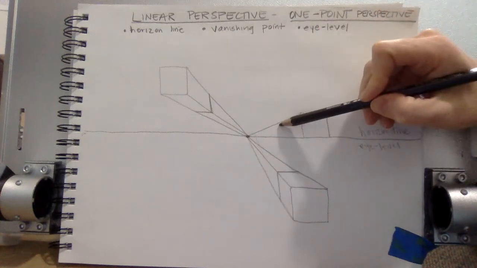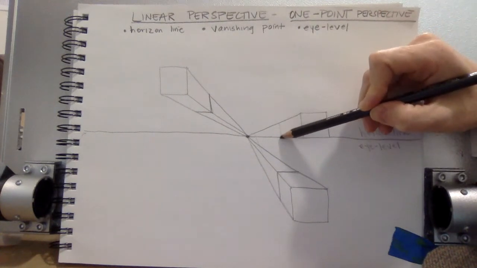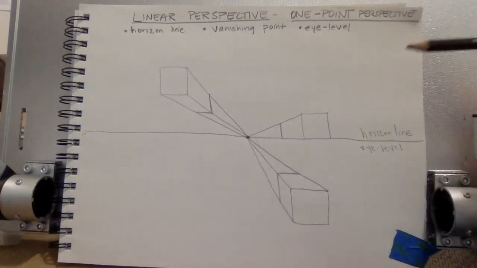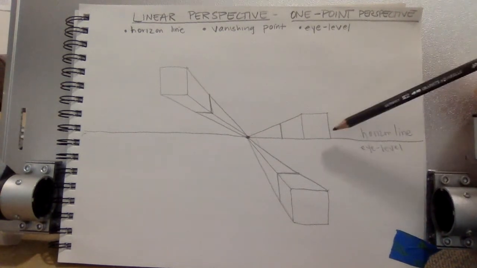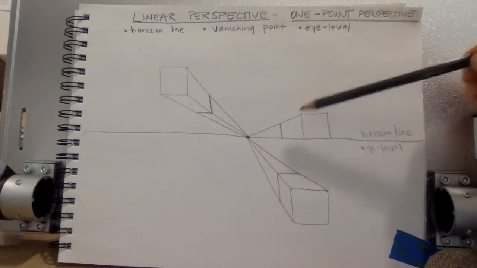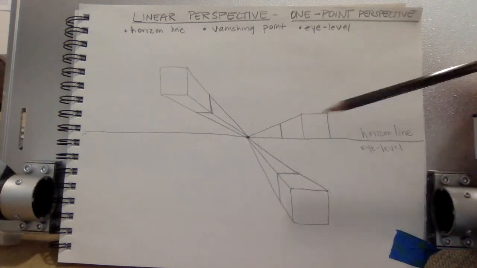Right, and then you would just put the back of the box wherever you'd like. So when it's sitting on the horizon line or on the eye level, we cannot see the bottom and neither can we see the top surface. We can just see the two sides.